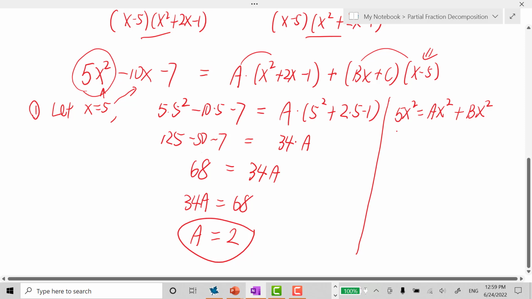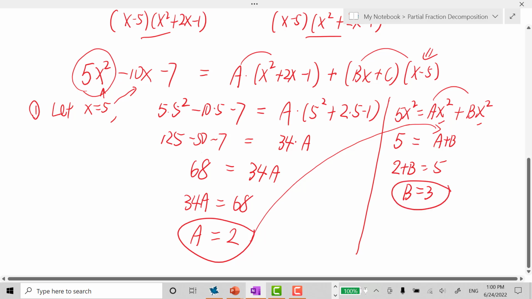That means 5 is equal to a plus b, because factoring out x squared, you get a plus b. So if you know a equals 2, b must be 3, because 2 plus b equals 5. So b equals 3.